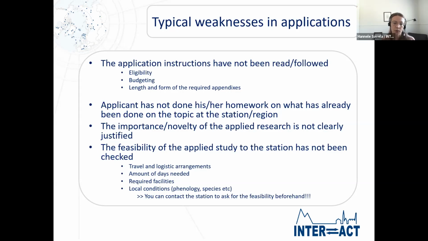And then also it's important that you find out some background information about the local conditions at the stations, for example, the species occurring there. If you are studying a certain species, please first be sure that that species actually occurs at the station. You can always contact the station to ask about that.